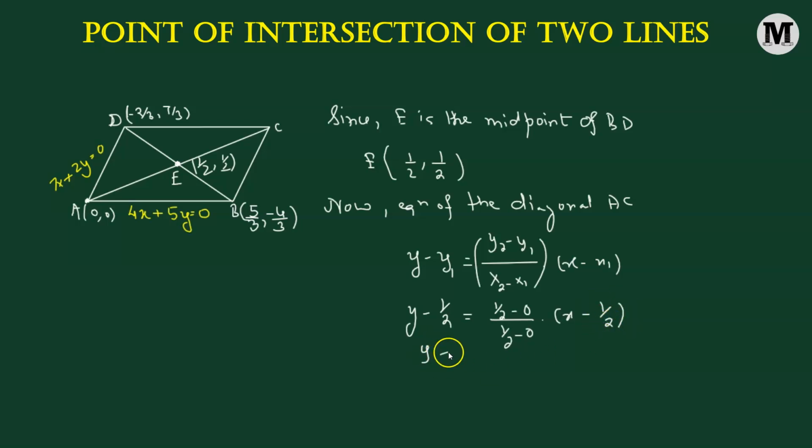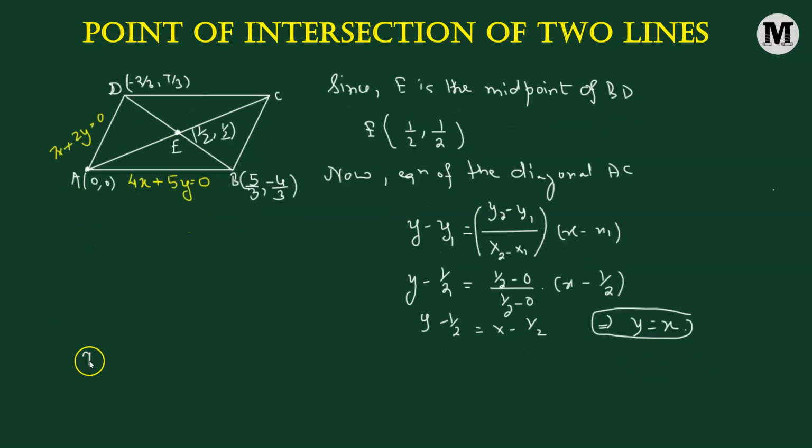So we get y - 1/2 = x - 1/2, which gives us y = x. That is the equation of the diagonal AC. Thus the equation of the diagonal AC is y = x.